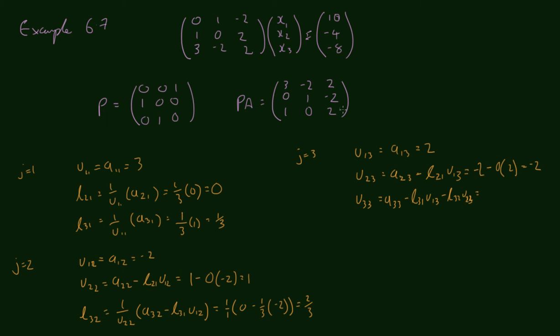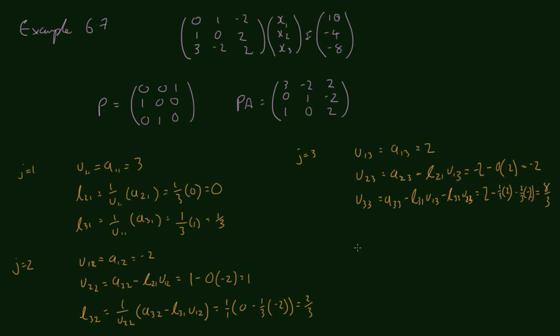Right, so A33 is 2, minus L31, which is a third, times U13, which is 2, and minus L32, which is 2/3, multiplied by U23, which is minus 2. I'm running out of space here a little bit. And that is equal to 8/3.